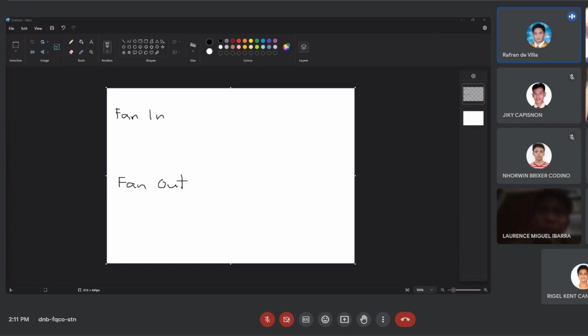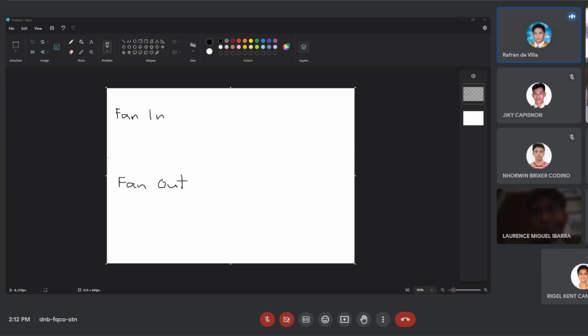Sir, the fan-in, based on my search, is the number of inputs connected to a gate or a circuit. Then the fan-out is the number of standard loads a gate or circuit can drive at its output. Okay.